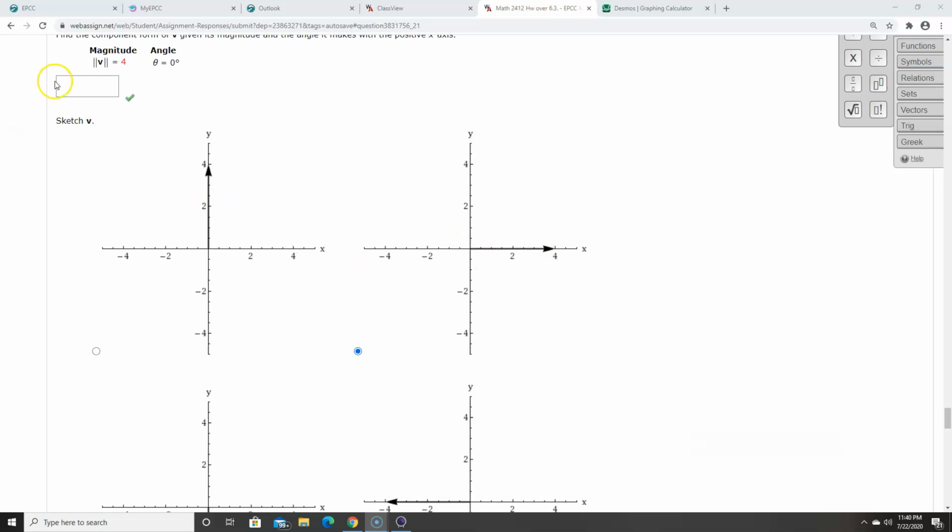And now, write down this vector that's in starting position. Write the vector in component form. So what's the horizontal movement starting at the origin? Well, it's a movement rightward, 4 units.